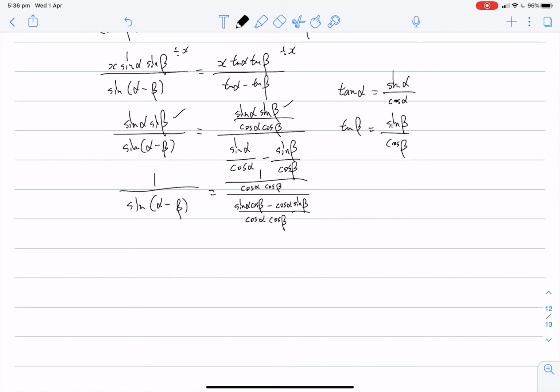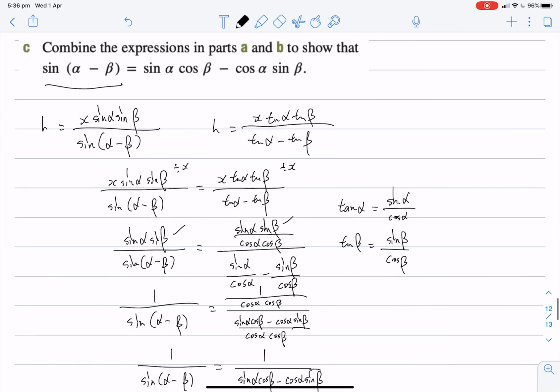So multiplying top and bottom by the same thing, we get sine alpha minus beta, and because we multiplied by the denominator, the top becomes 1. The bottom bit times the denominator, we get sine alpha cos beta minus cos alpha sine beta. Almost there, just 1 over the same thing.